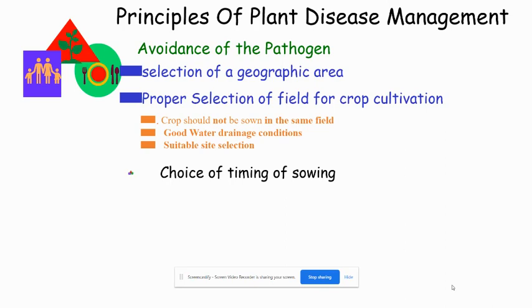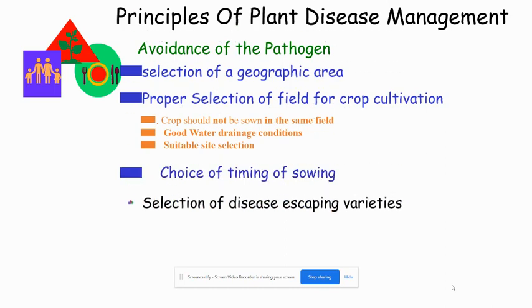So, by manipulating the time of sowing or sowing the plants after some delay of rains, this can prevent the occurrence of disease. Selection of disease escaping varieties is very common and very effective.